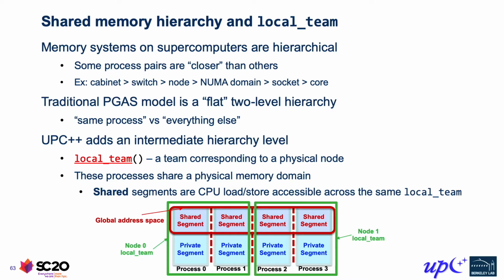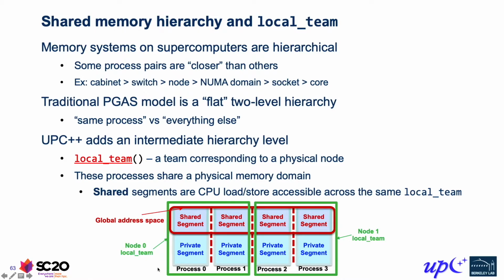And so some processes are closer together than others, and some processes can directly access memory that's located on other processes. So rather than the flat two-level hierarchy of traditional PGAS, where either memory is owned by the current process or it's owned by some other process, we have an intermediate level: the level of processes that share physical memory with another process. And our abstraction for that in UPC++ is called local team. If you invoke the local team function, you get back a team, a subset of the processes that share memory.